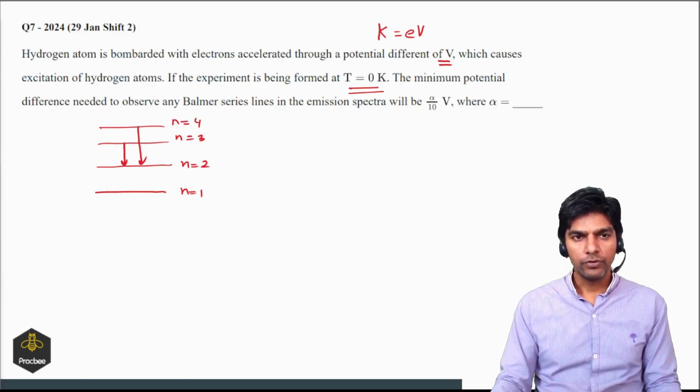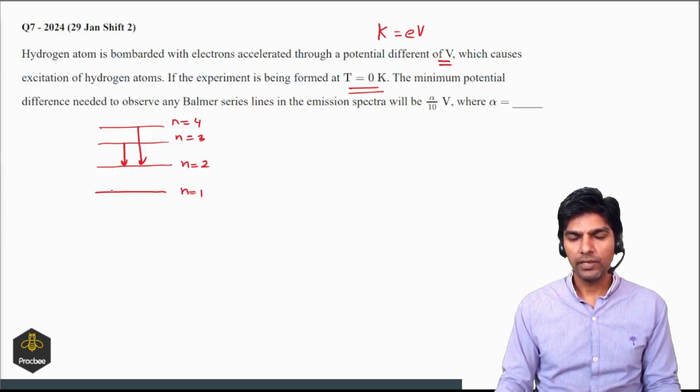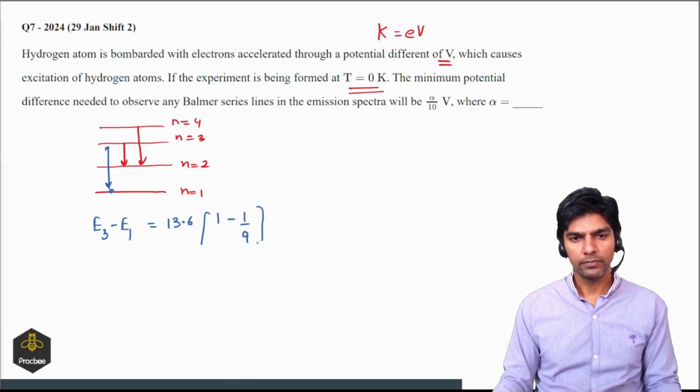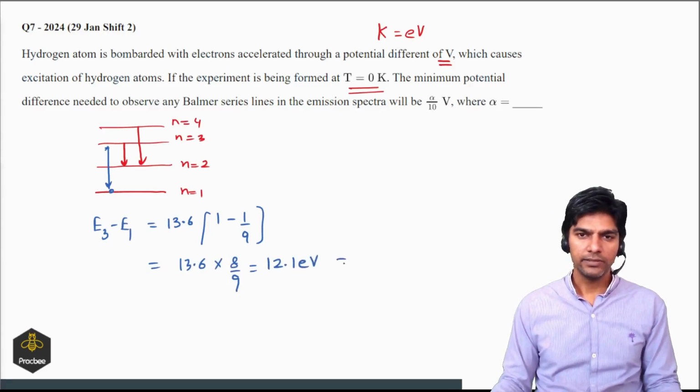If we want to excite an electron in the ground state so that it can show a line in the Balmer series, you should give at least that much energy, which is E3 minus E1. So it comes out to be 13.6 times (1 minus 1 by 9), which is 13.6 times 8 by 9, or 12.1 electron volt. This is given as alpha by 10.